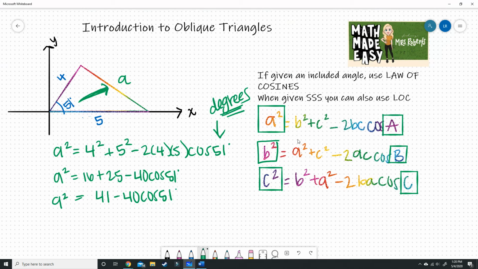So we can say that a squared is 15.83. This is a squared, that's not a yet. To get a, we have to take the square root. So a is the square root of 15.83.